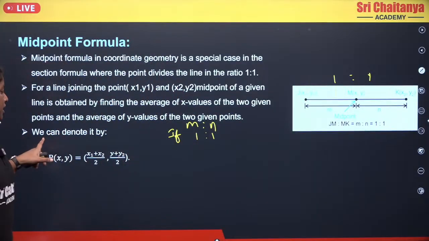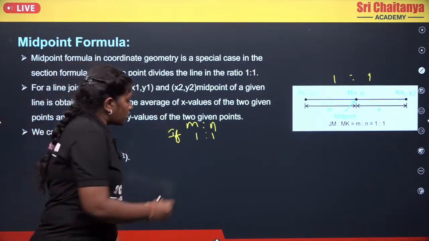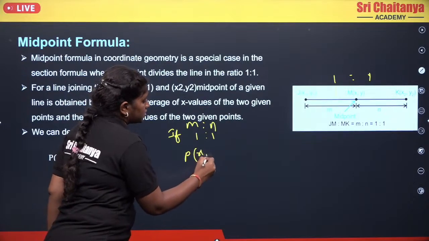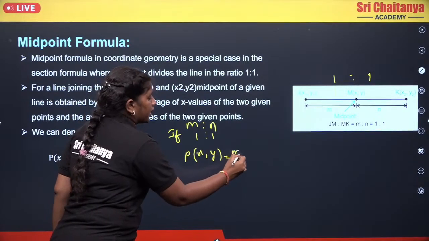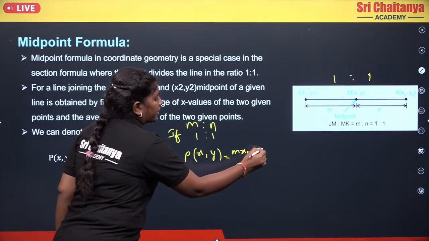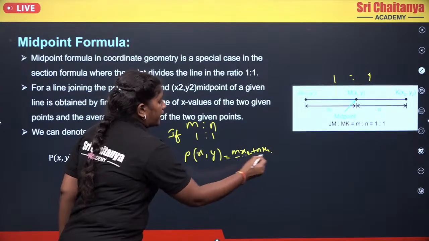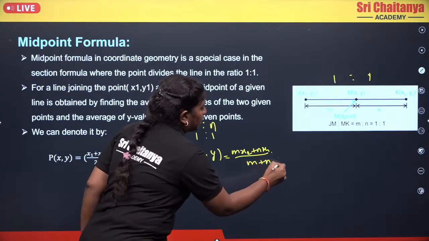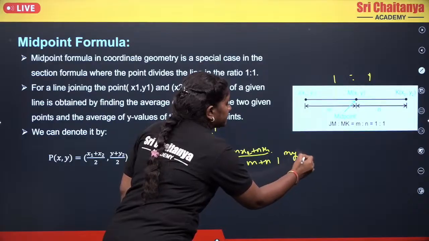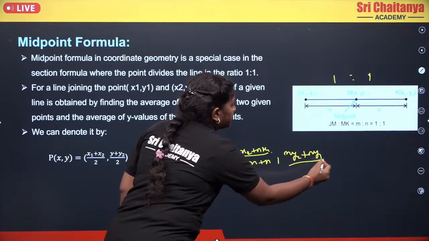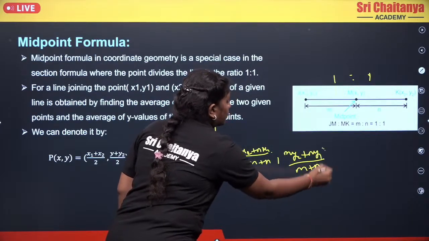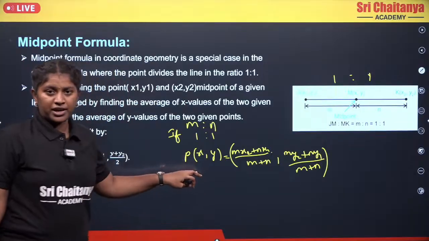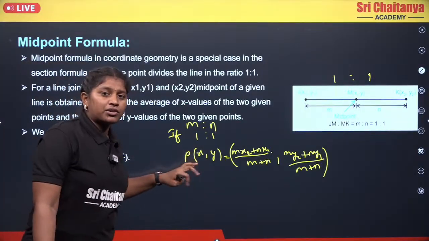And how can we get the formula of the midpoint? What is our section formula? P of x comma y is (mx2 plus nx1) by (m plus n) comma (my2 plus ny1) by (m plus n). Okay, so this is our section formula, right? Now we need to derive the formula for the midpoint.